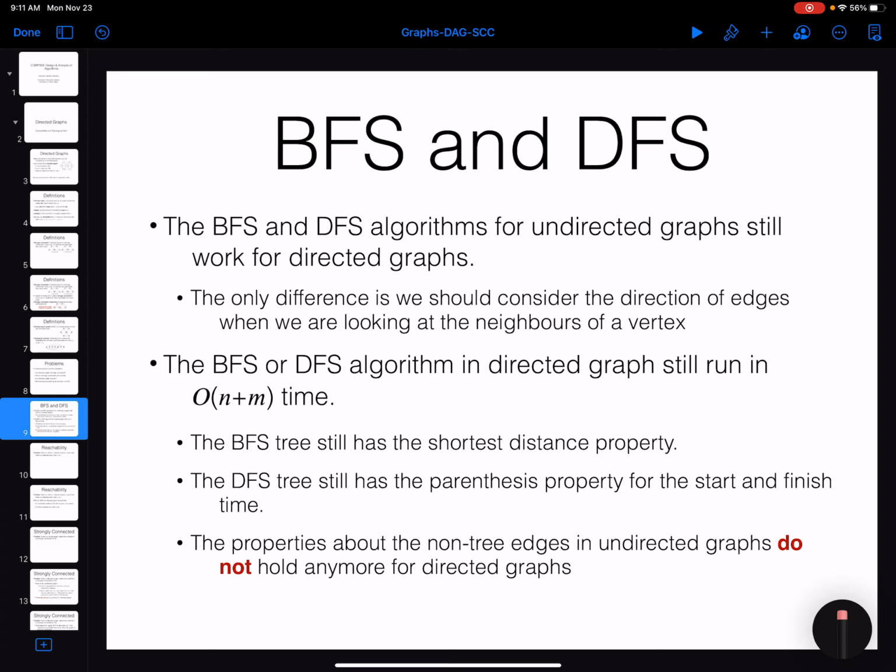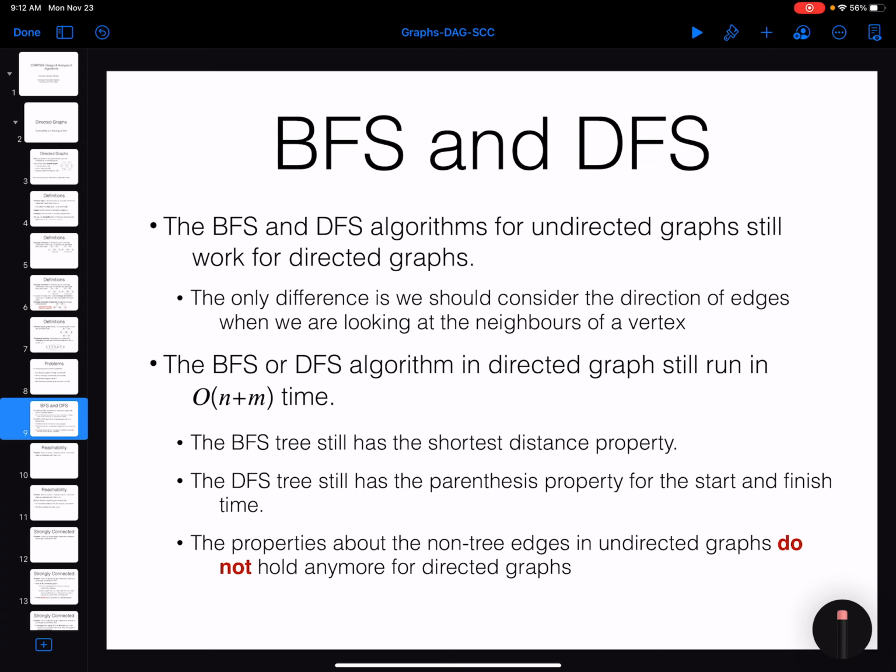So first, because we are going to solve those problems using BFS and DFS, I'm going to just briefly discuss BFS and DFS over directed graphs. The two main algorithms, breadth first search and depth first search, that we discussed over undirected graphs, with a slight change, you can apply them over directed graphs.